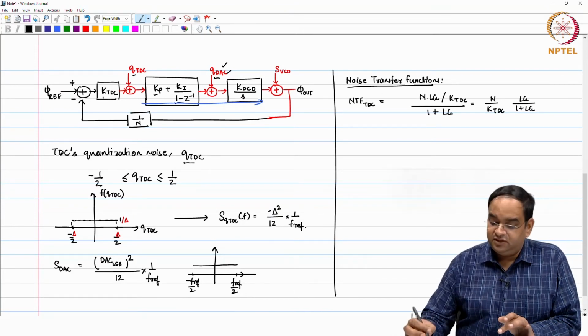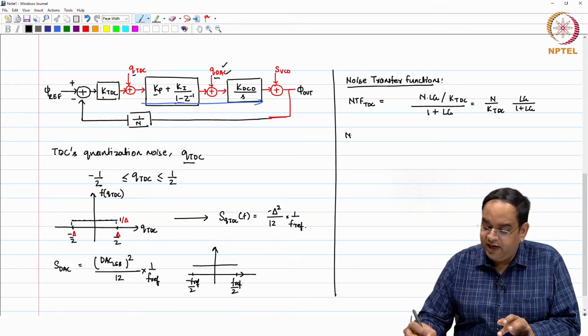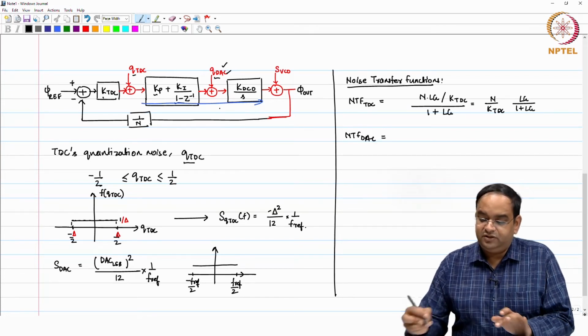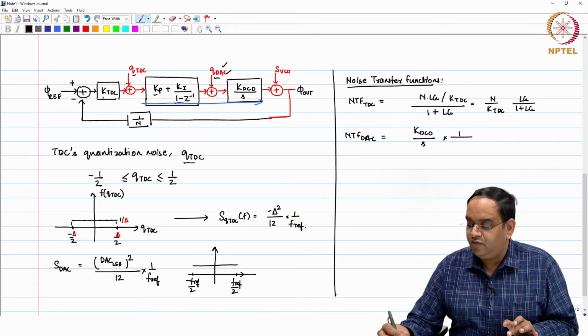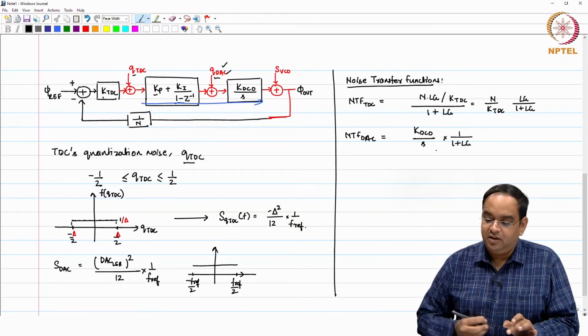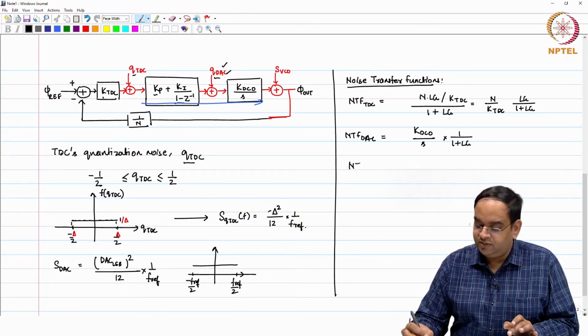Similarly, NTF of DAC is your KDCO over S times 1 by 1 plus loop gain, and NTF of VCO is something we all know from the previous case.